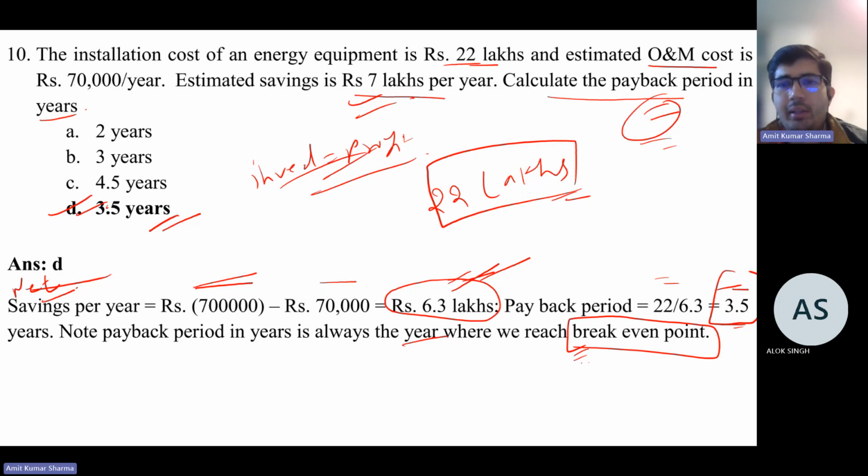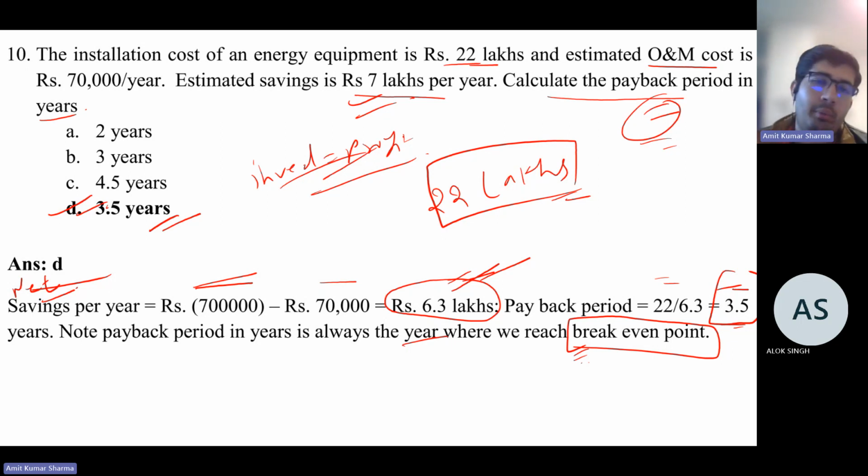But if we consider the market value of this money, it will decrease. Suppose you can put this amount in your bank and get some interest on it. So you have to consider that. You are getting only the same amount of money after 3.5 years, but it should not be the same, it should be more.